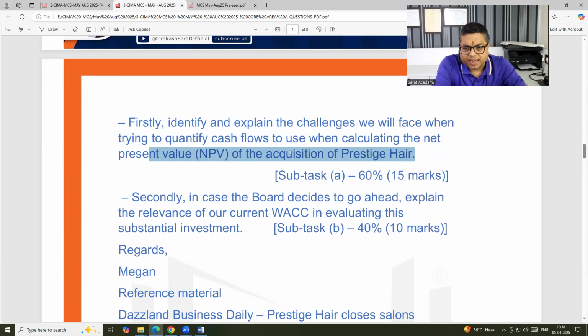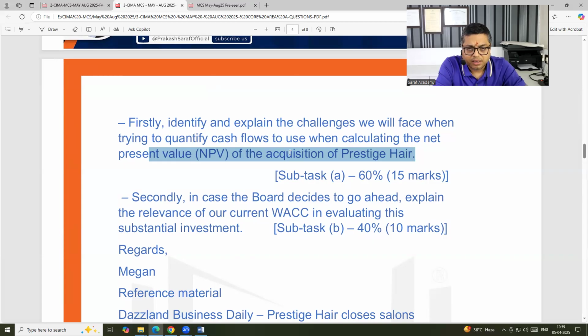We can say in the first paragraph, in any capital investment decision, investment appraisal decisions, NPV is treated as one of the best methods. NPV means present value of inflow minus outflow. When the NPV is 0 or positive, we are getting our required return. It is directly correlated with shareholders' wealth maximization. We should accept the project.